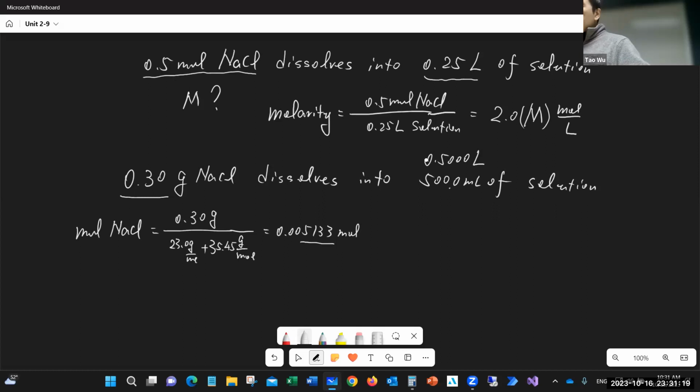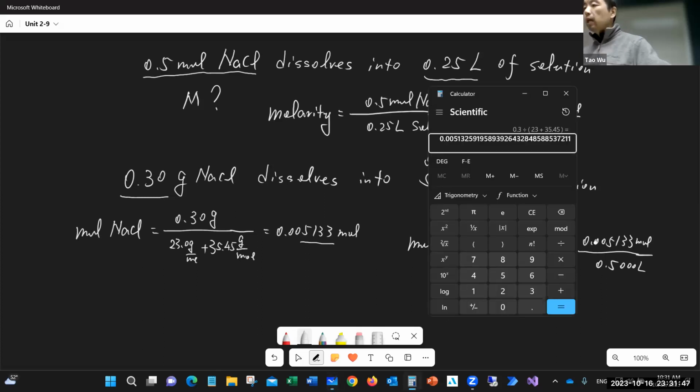So we got the moles of sodium chloride. By definition, the molarity is equal to mole of the solute divided by the liter of the solution. So mole of sodium chloride is 0.005133 mole, divided by liter of the solution, which is 0.5000 liter.